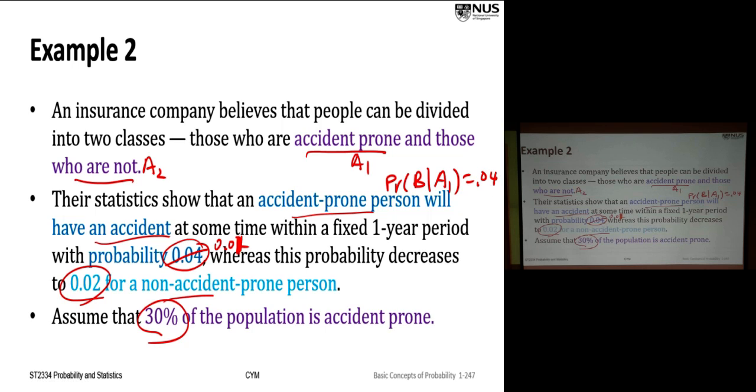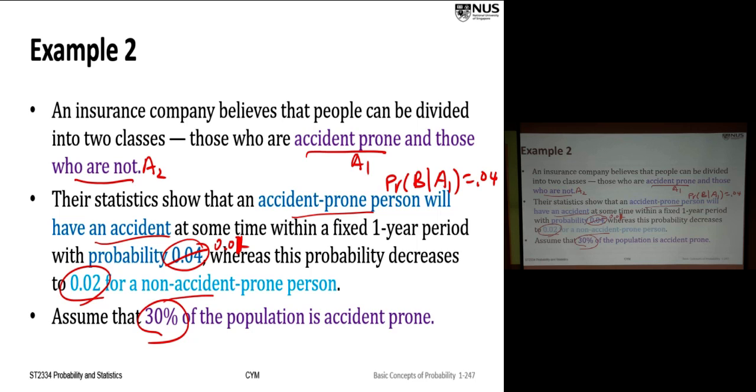Get into the habit of trying to identify the events, and also see the link. So now I use A1, A2, but you also have to see that A1 and A2 are complements of each other. Then try to link up all these given probabilities, whether it's a probability or a conditional probability. Here we're talking about accident-prone persons.